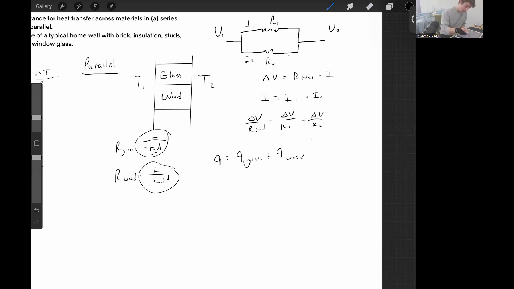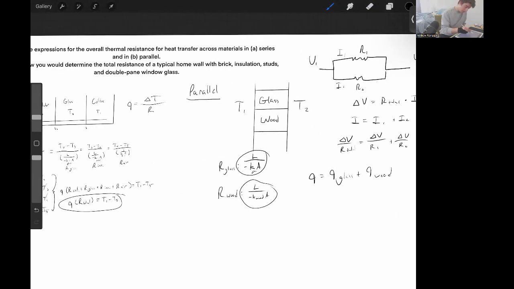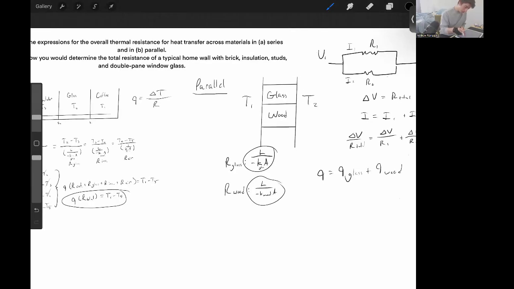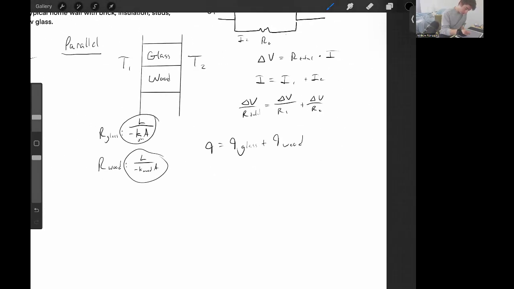Now, what can we use with this? Well, we know that Q equals change of temperature over resistance. So we can say we have the change of temperature over the resistance of glass plus the change of temperature over the resistance of wood equals the change of temperature over our total.